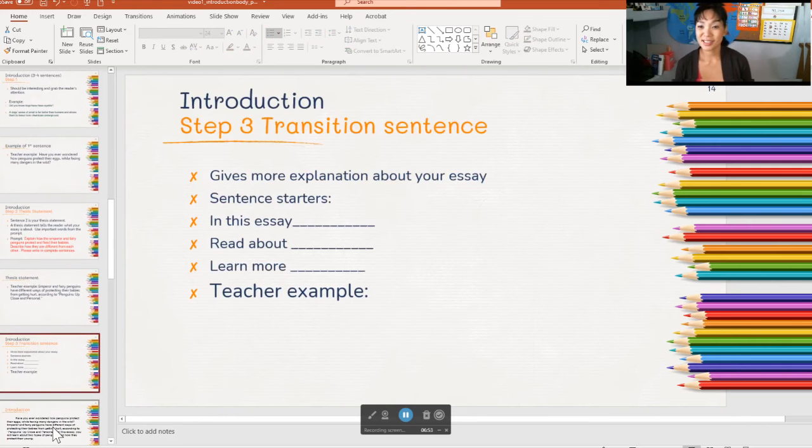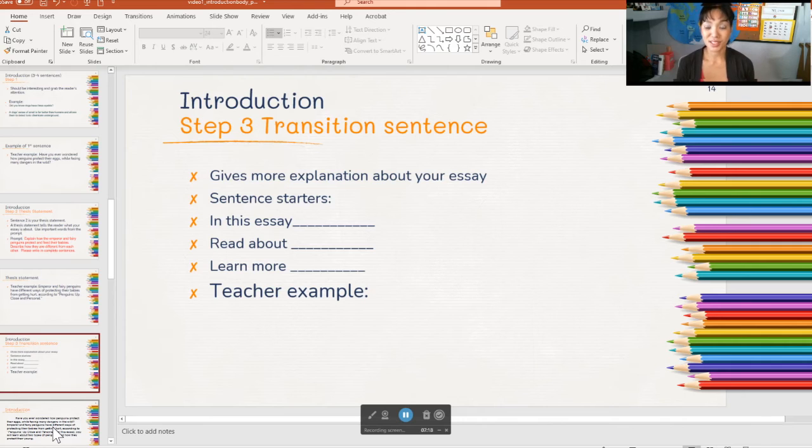All right, step 3 is the transition sentence. And this gives more explanation about your essay. So here are some examples of sentence starters. You might want to start it like this. In this essay, or read about, or learn more.